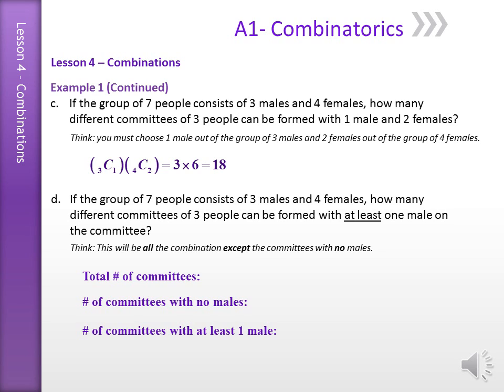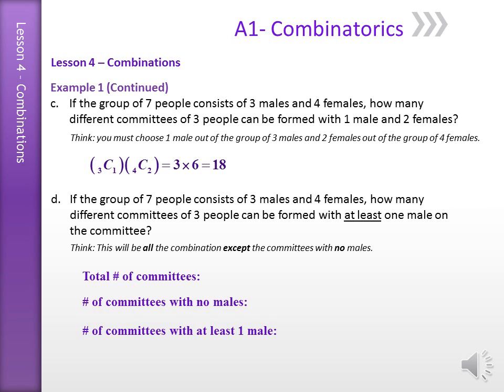Example 1D. If the group of 7 people consists of 3 males and 4 females as above, how many different committees of 3 people can be formed with at least 1 male on the committee? We can approach this in 2 different ways.